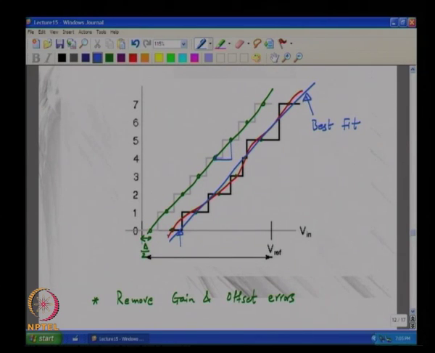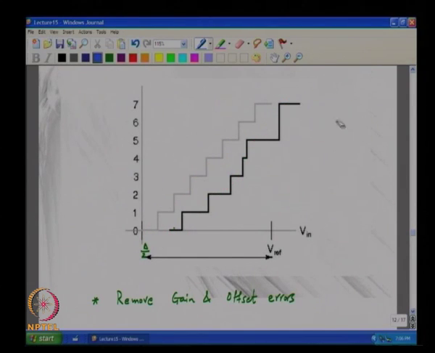So, once you know this, you can generate, within quotes, the ideal staircase, right. I mean you can add offset and gain error to the ideal staircase to get something with a uniform step size, but without gain and offset errors, right.